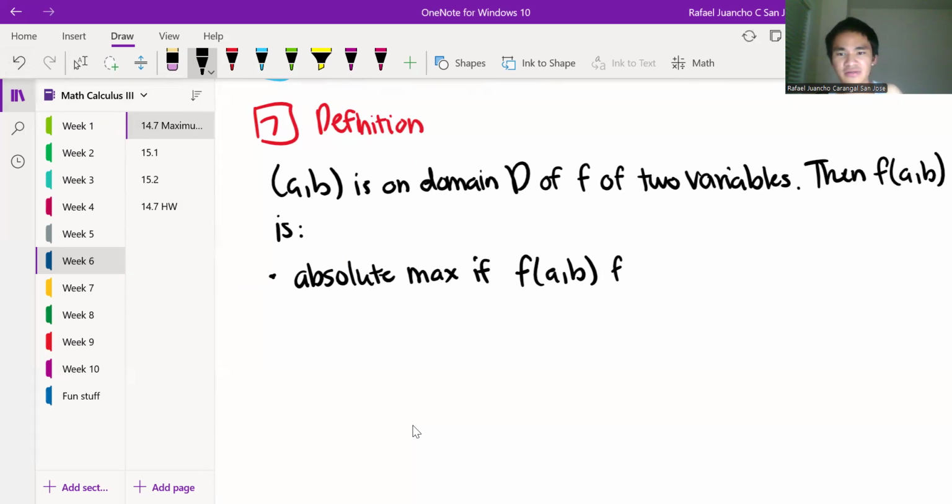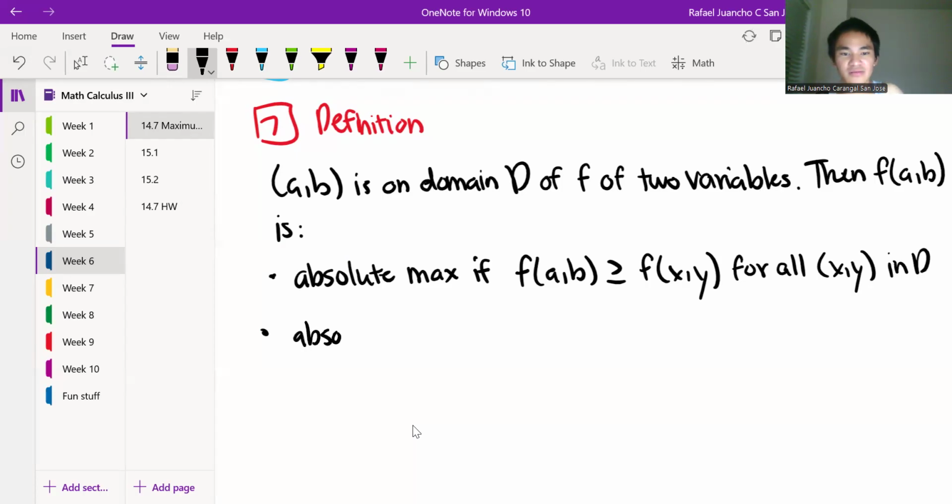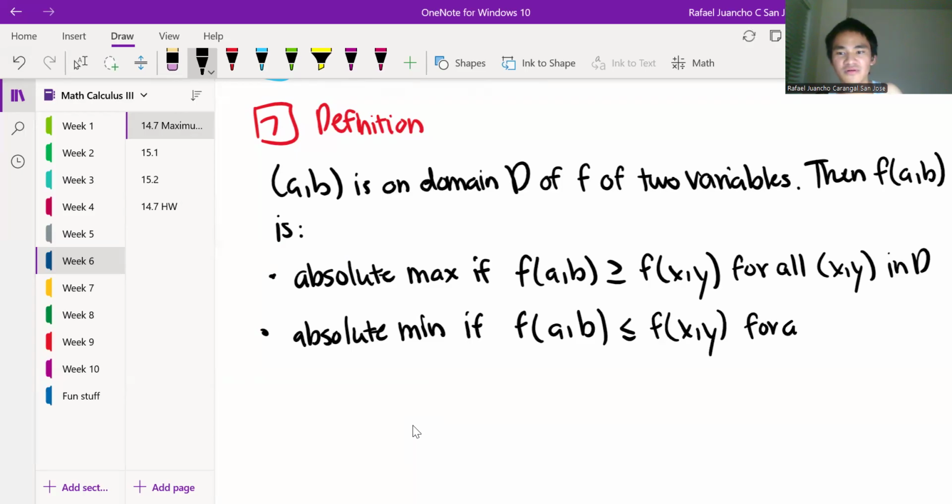So we're saying it's greater or equal to my function for all (x, y) in the domain. And it's the absolute min if it's the smallest one for all. So yeah, these are just some basic definitions, indeed, right?